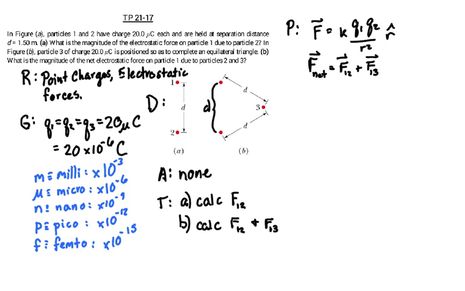times our unit vector. Now it's not i hat, j hat, or k hat, it's r hat. If we remember from our uniform circular motion, r hat denoted the radial direction, always pointing inward. In this case, our r hat represents the direction from particle 2 to particle 1.